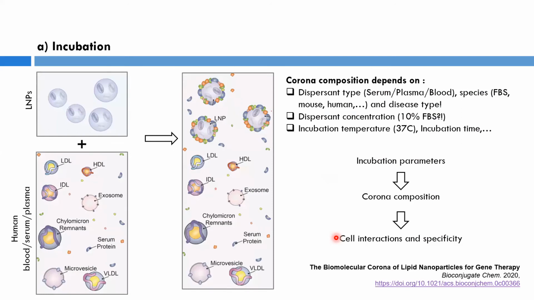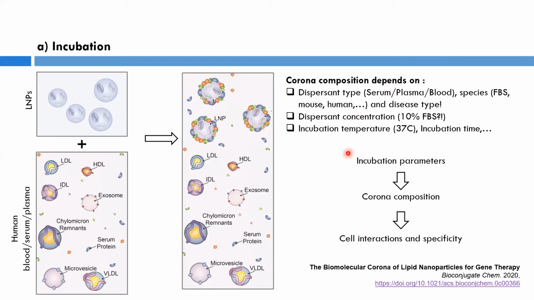The first step, the incubation step, might look trivial, but it hides several challenges. The first challenge is that we cannot totally reproduce an in vivo environment in vitro. Incubation parameters such as the choice of dispersion type, the species, the disease type, or the dispersion concentration, dispersion temperature, and the incubation time, they all can influence the formation of the corona, and therefore they influence the way cells recognize these objects.